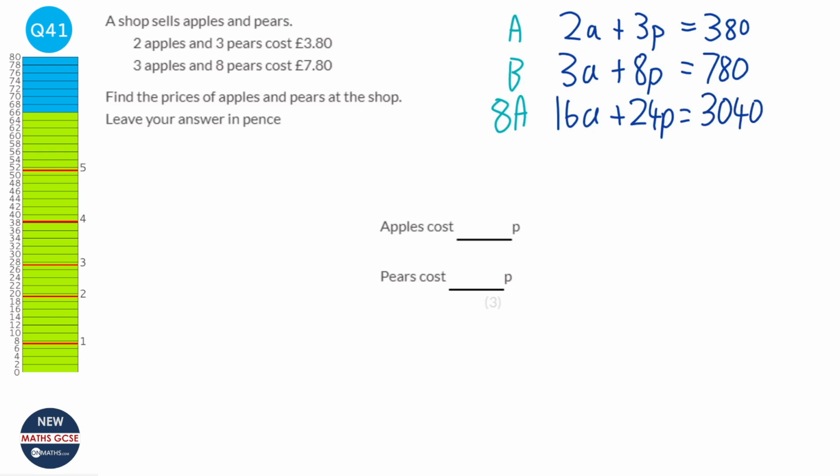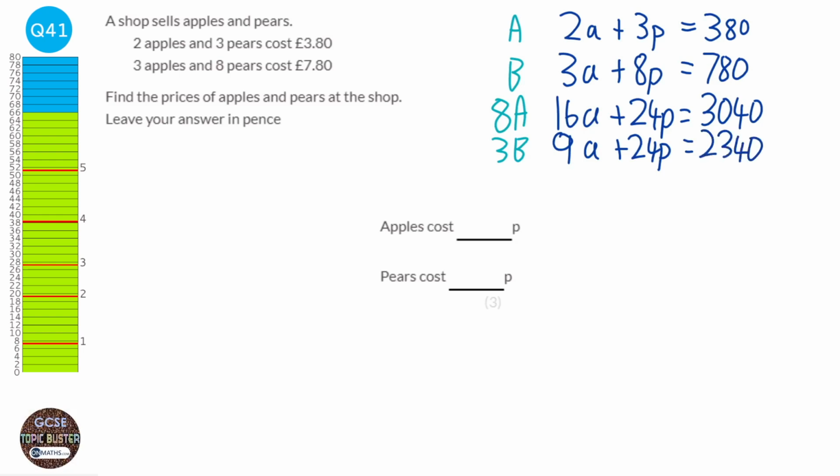And we're going to do the same with B, but this time we're going to times it by 3, so we're going to have 3B. And we're just going through everything here and we're timesing it by 3. So 9a plus 24p, which is good, that's what we wanted. And 780 times 3 is 2,340.